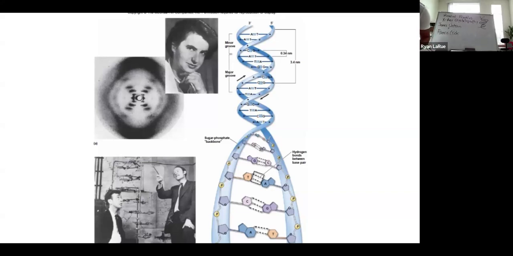Essentially, Rosalind Franklin and her group concluded that, as we'll talk about, this backbone, so kind of the outer strands of DNA, was composed of sugars and phosphates, as we'll see.